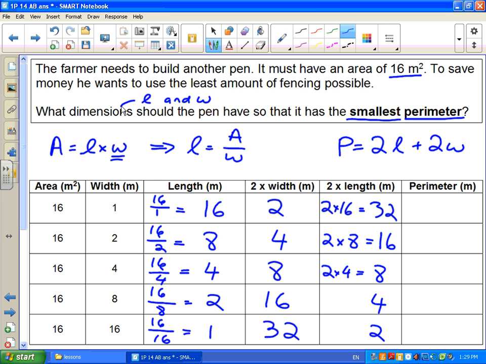And then we just have to add up this column and this column to get our perimeter. So 2 plus 32 gives us 34. 4 plus 16 gives us 20. And we just fill in the rest of this by adding those numbers up.